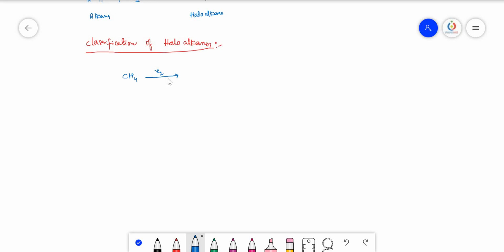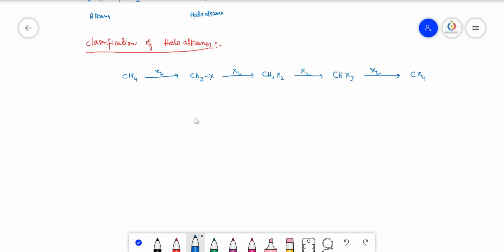Let us try to replace one of these hydrogens with the halogen. We get this molecule, and if one more hydrogen is replaced, we get this molecule, and if we replace one more hydrogen with the halogen, we get this molecule, and finally if we replace one more hydrogen with the halogen, we get this particular molecule.